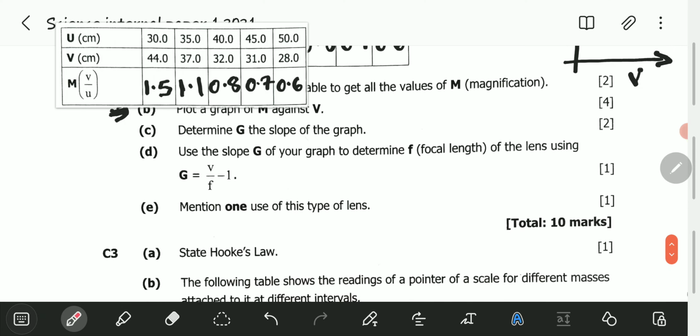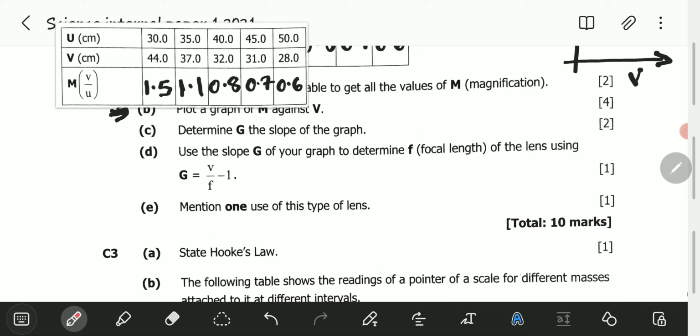They're now saying use the slope g of your graph to determine f, which is the focal length of the lens. We've been given g is equal to v over f minus 1. Now they want us to find the focal length, so we need to make f the subject of the formula.